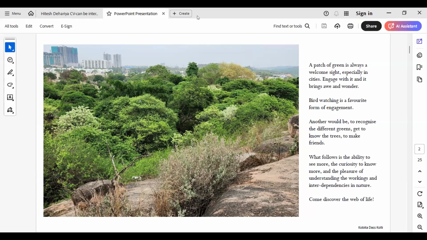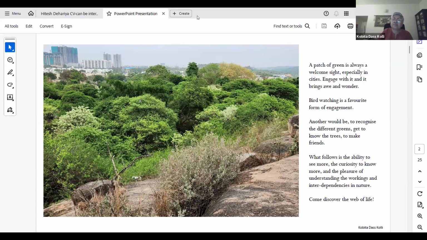Okay, so a patch of green is a place to go and discover species. Wherever you see one, you don't have to go far out from the urban areas. After all, this is the City Nature Challenge.